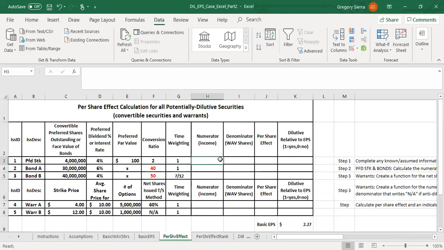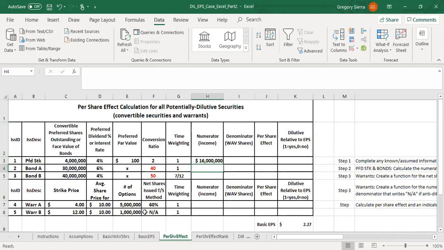Now the numerator, which is the change in income attributable to shareholders, is going to be the amount of preferred stock outstanding times the dividend rate times the preferred par value.